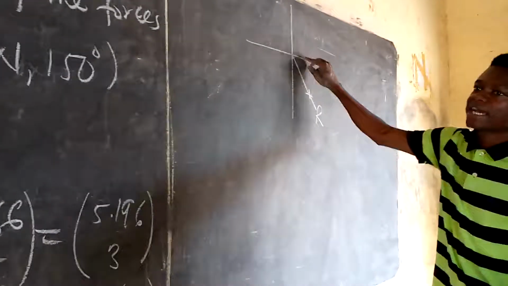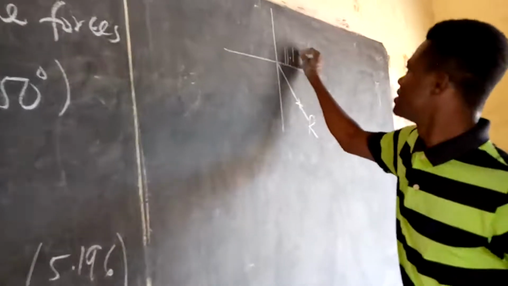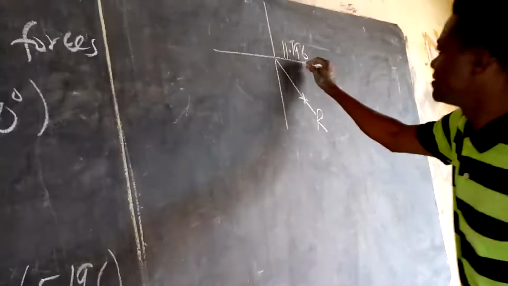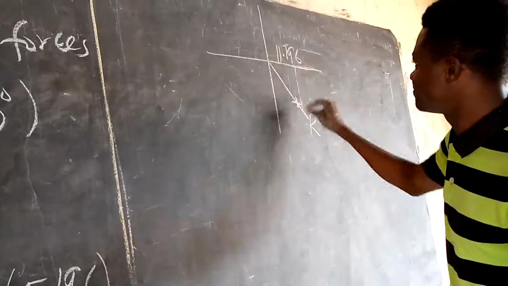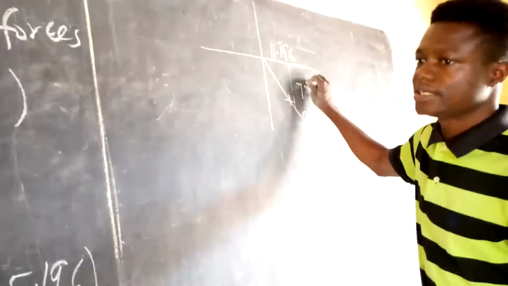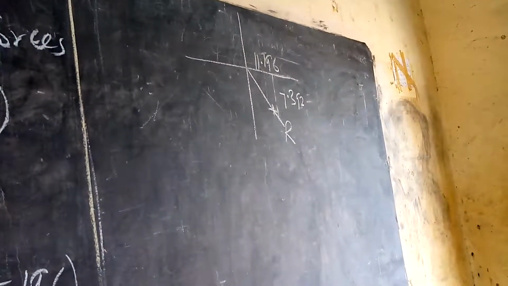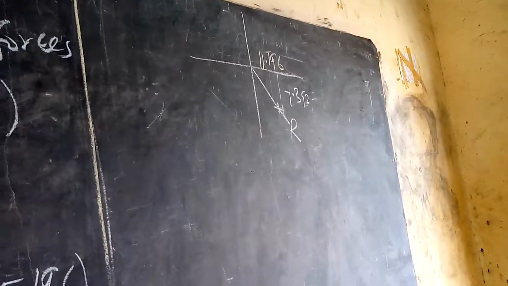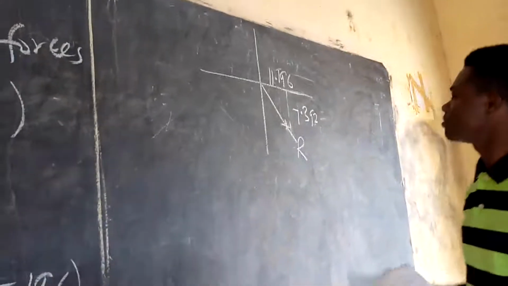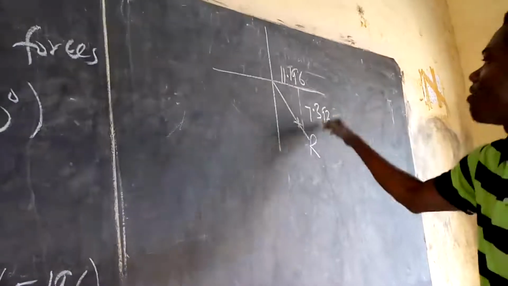We have our x, 11.196, on the x axis, and our y here, given as 7.392. We write 7.392 and not negative 7.392 because the negative sign helps us to locate the quadrant where the force will be.